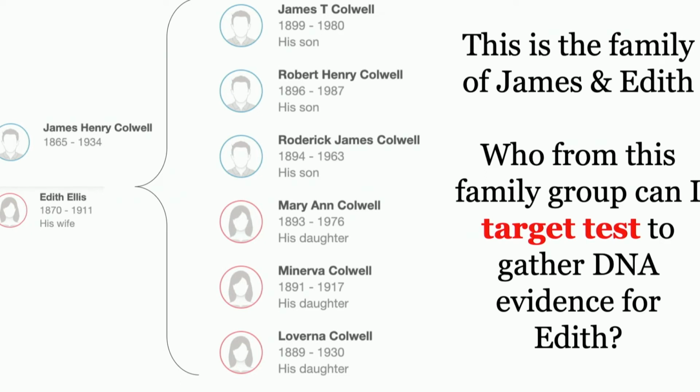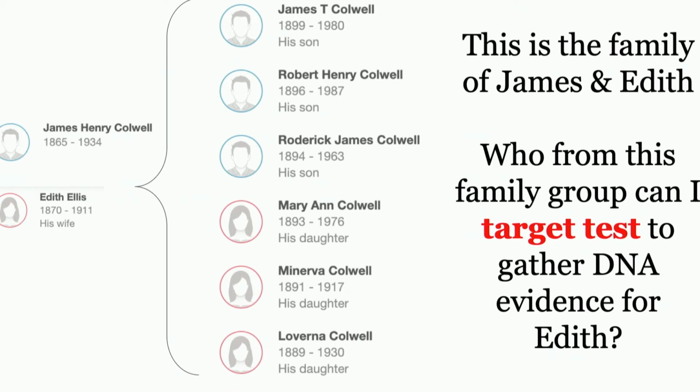So what I can do here is find other descendants of this family and ask those individuals to test. Now, of course, this can be very complicated from jurisdiction to jurisdiction, right? Things like privacy laws, access to records, availability of records, existence of records, those all could be barriers to tracking this family down.